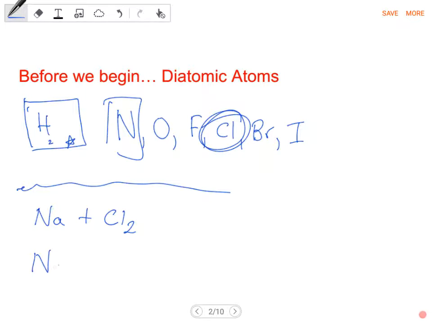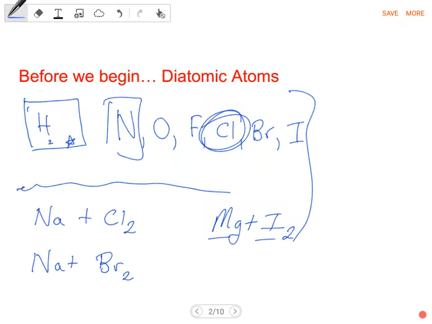Again, if it was Na plus bromine, you wouldn't just put Br, you would have to put Br2. This does not change any of the rules we've been following so far. It just means it's one more step you have to remember. Here's another one: magnesium plus iodine. Well, iodine is diatomic, which means it has to be written with a 2.